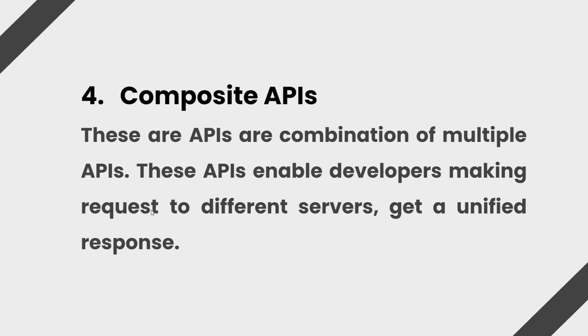Just know that the APIs in these different fields are used to obtain a particular set of data relating to that field. For instance, if I want to know the number of artists that have won Grammy Awards from the inception of Grammy to this moment, I can make use of an API that is relating to the music field.